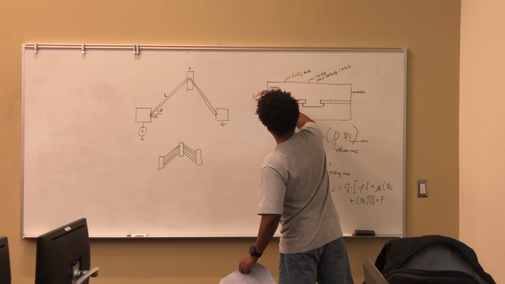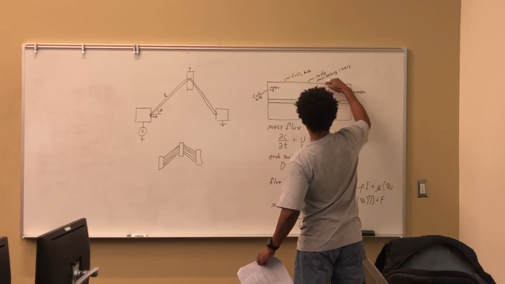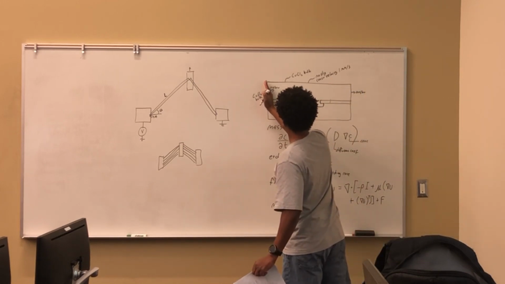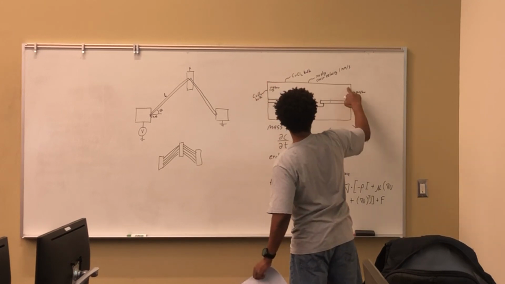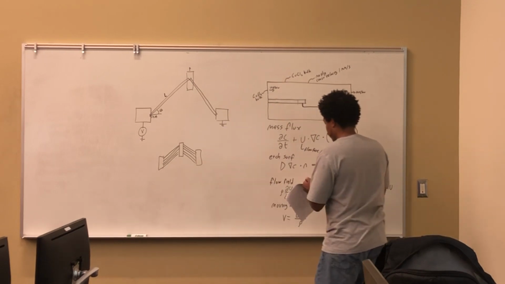Same here, at that bulk concentration at 1 millimeter per second, okay? And it's inflowing right here. You're going to have some pressure here at the outflow, but you're going to have this non-slip boundary condition.